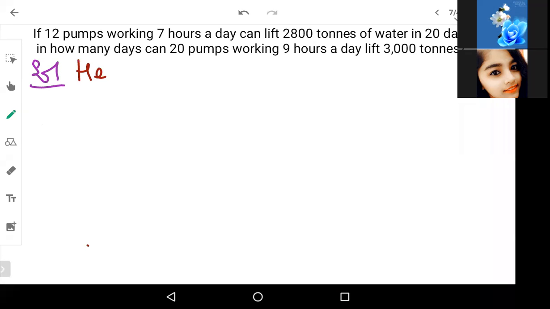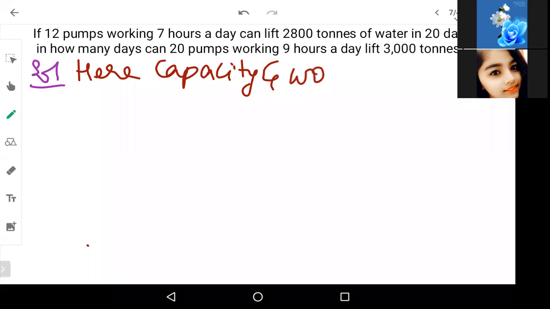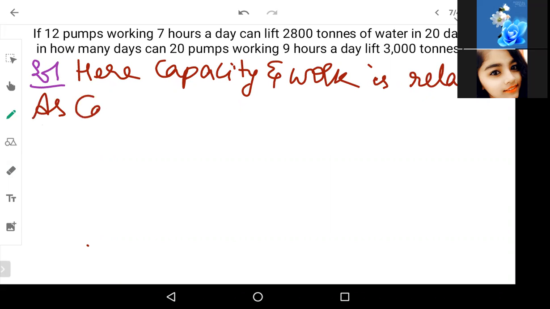Here, capacity and work is related. So as capacity is the pumps, number of pumps, the working of pumps each day, everything will come under capacity.